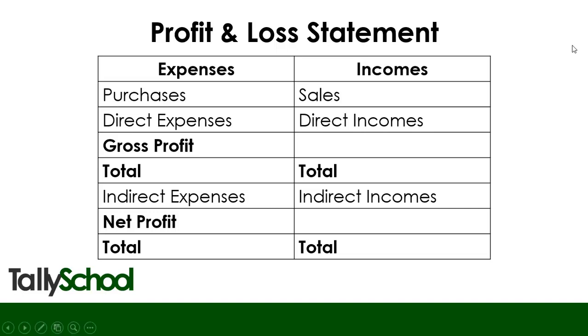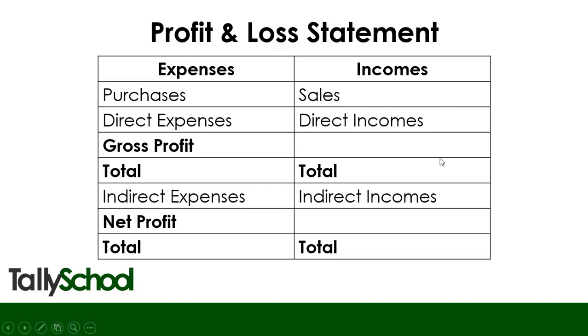So these are incomes. Before we go into numbers, let me explain what all these mean. On the income side we have sales. Sales means sales. If you sell anything in your business, it will come here. Let's say you have a business of dresses and sarees, and you sold 5 sarees and some other dresses; the total sales figure will come here.